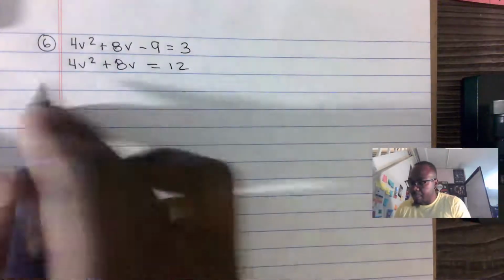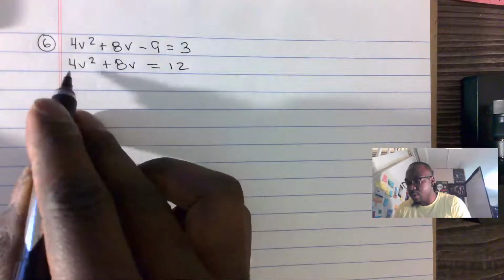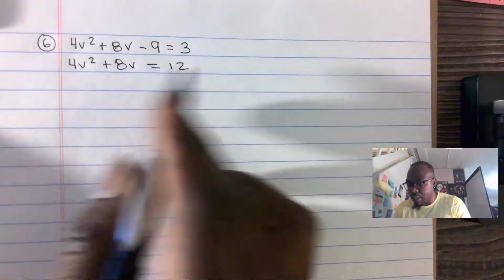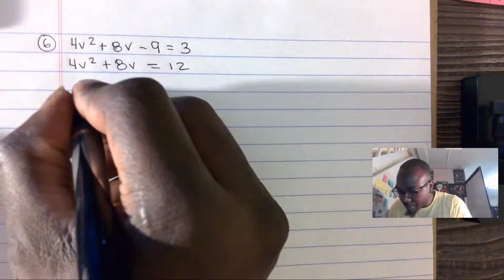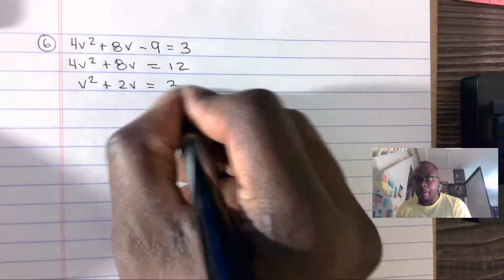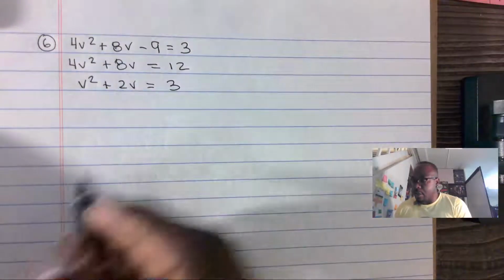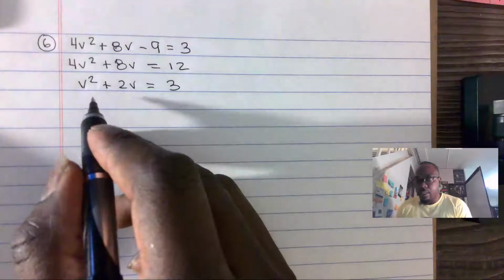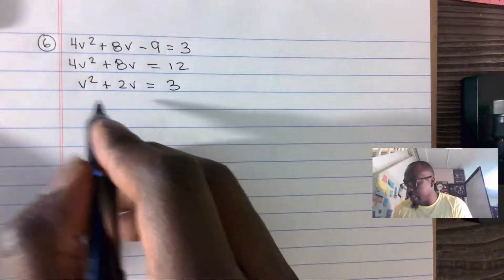From here, I'm going to divide each term by 4, which gives me v squared plus 2v equals 3.